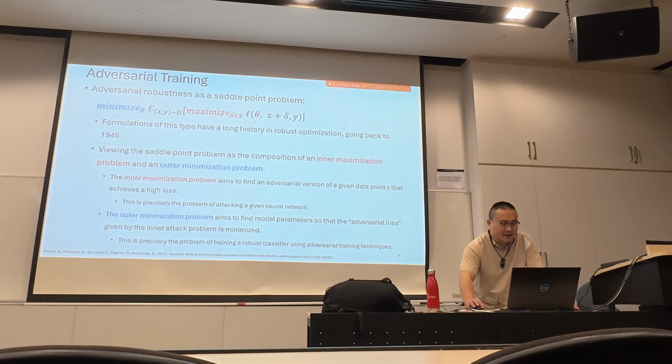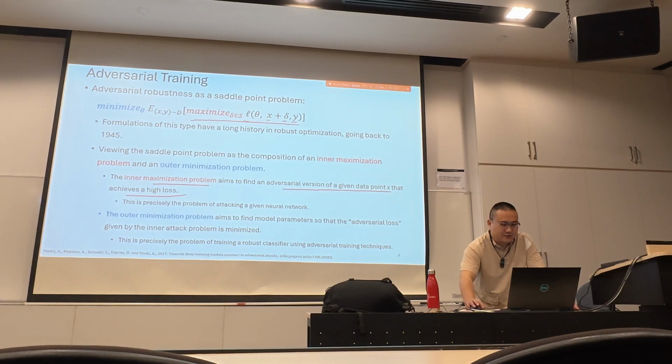Y is the ground truth label, so we apply the perturbation to the clean input, and then we want to maximize the loss. So this is the way we generate targeted attacks. This is the inner maximization problem. The inner maximization problem aims to find the adversarial version of a given data point X and achieves a high loss.